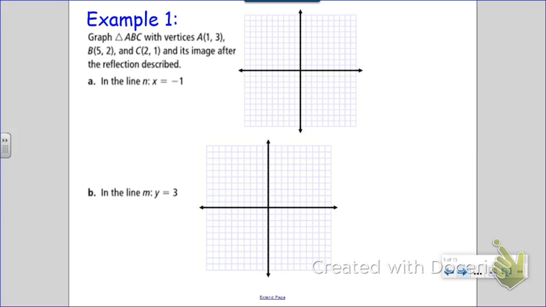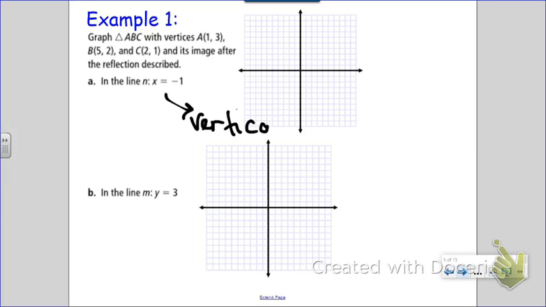In our first example, we'll look at some problems where we're reflecting an image over a line that's given to us in the question. We are asked to graph a triangle with vertices at 1, 3, 5, 2, and 2, 1, and reflect it into the line x equals negative 1 and into the line y equals 3. So the first thing we need to look at is where are those lines. X equals any number is a vertical line.